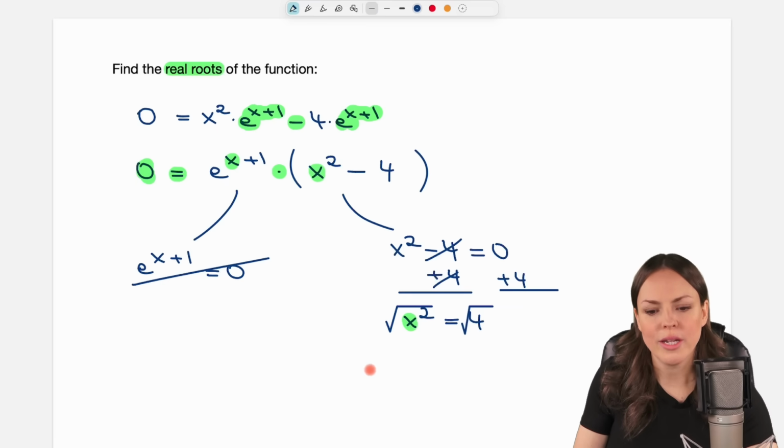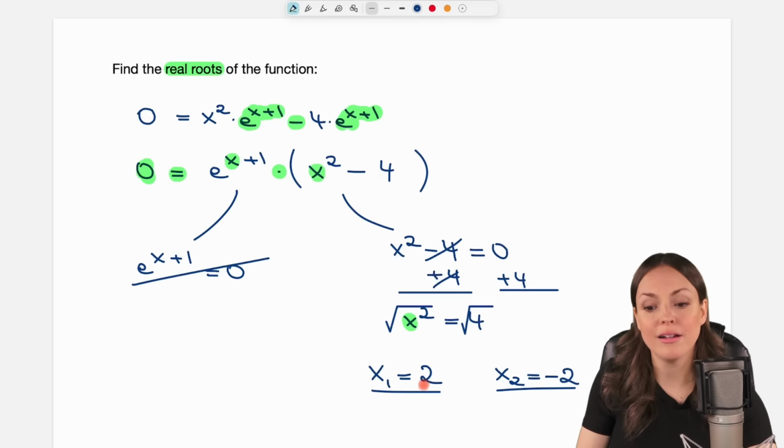If we do this, we get two solutions, a first positive solution and a second negative solution. The square root of 4 is 2, and then we have minus the square root of 4, which is minus 2. So we have two roots here. We don't get any more roots, not out of this equation here.